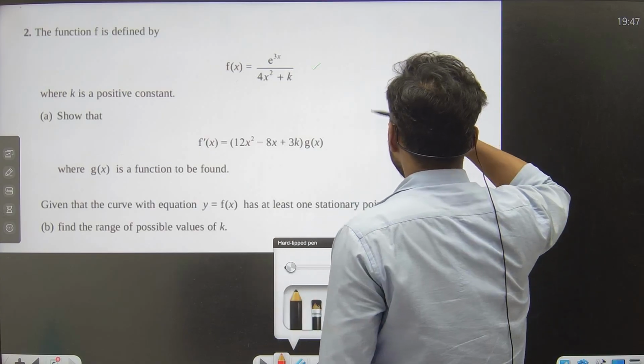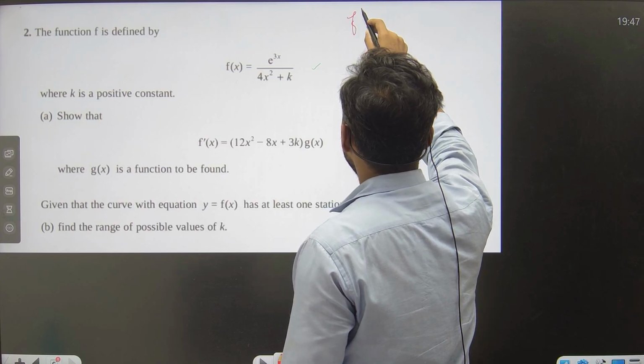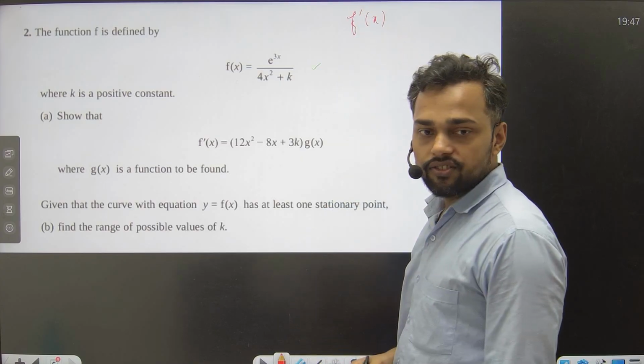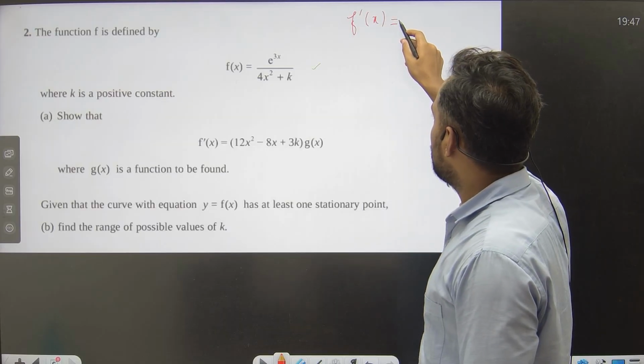So we need to find the differentiation, that is f prime of x. We'll apply the quotient rule here, students.